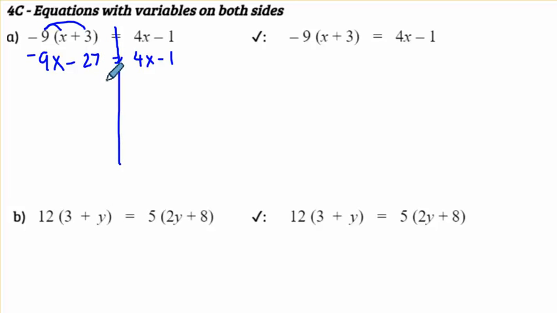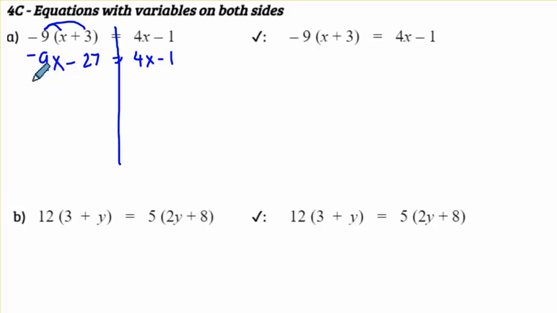All right, so at this point, we want to get all the variables together on one side. We can either move this negative 9x over here, or we can move this 4x over here. You know me, I like to move the smaller coefficient, and the negative 9 is definitely smaller than a positive 4.